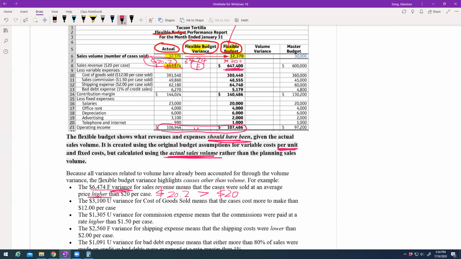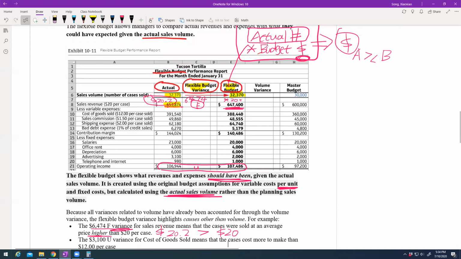So we control for the units. If there is any variance, it's because of the dollar amount between your actual and your budget.